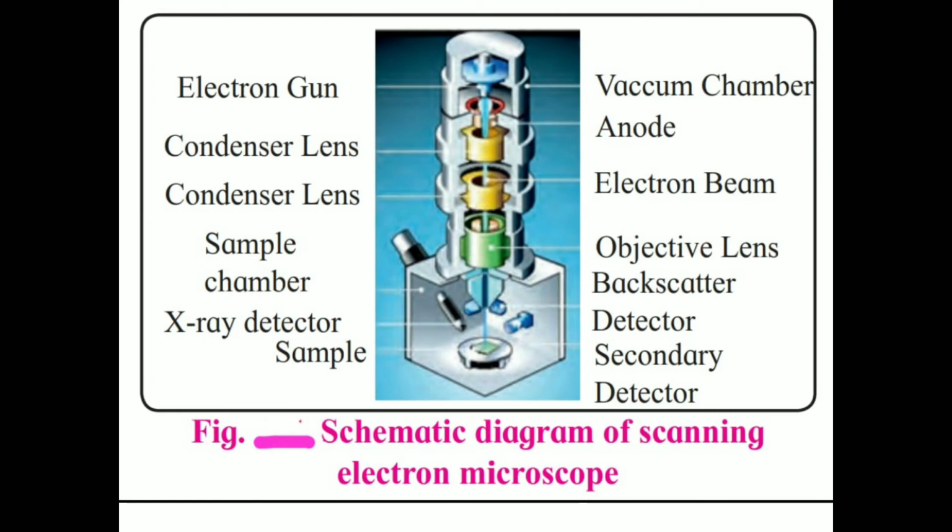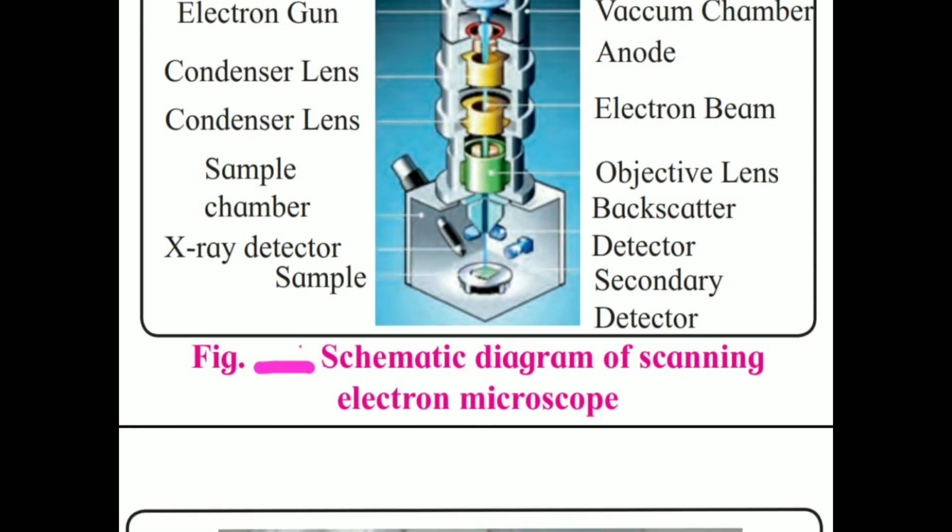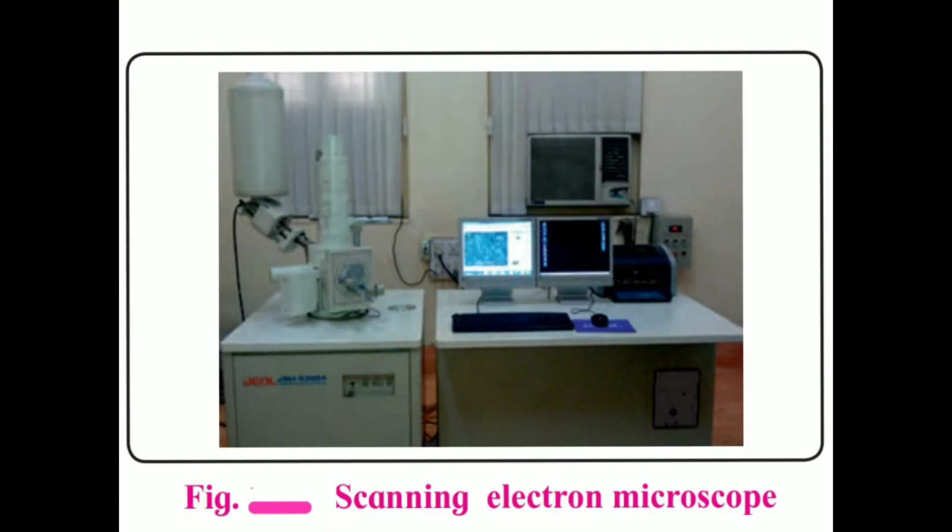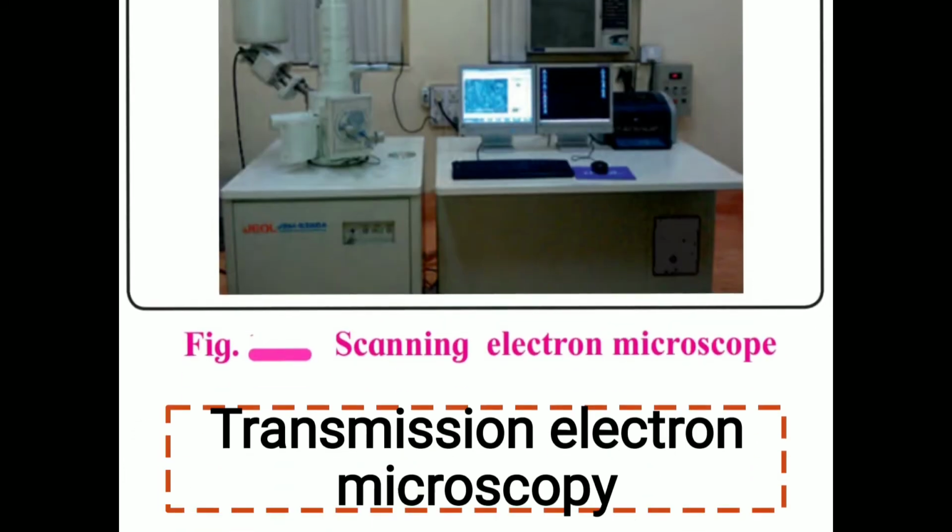This is the figure of the scanning electron microscope, which is used for scanning the various structures by scanning electrons. Now in modern technology, the scanning electron microscope can be used to handle the information in a computerized manner very well.